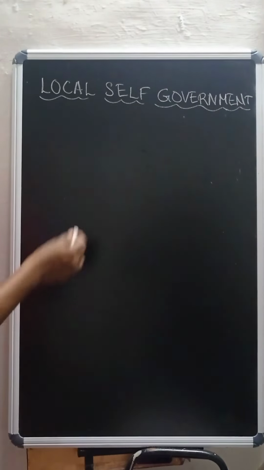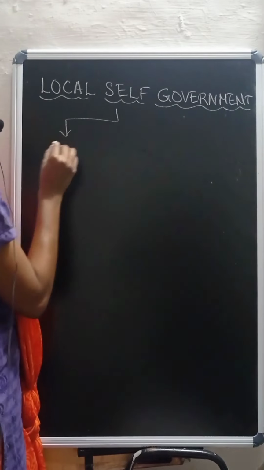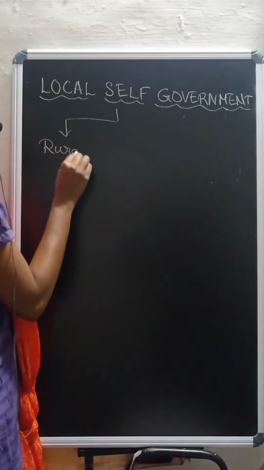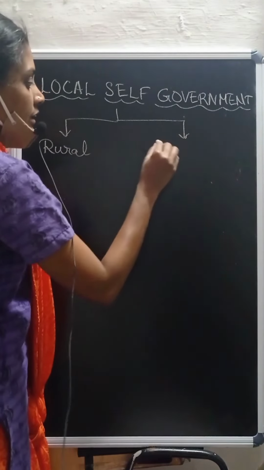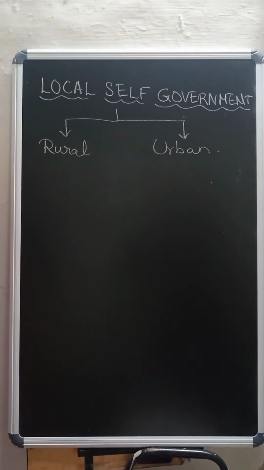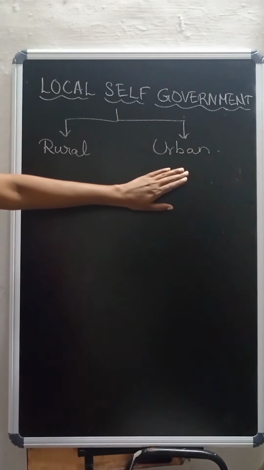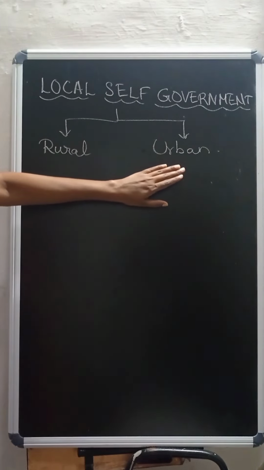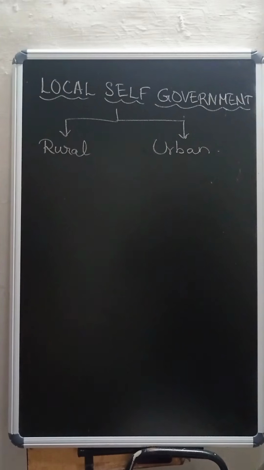There are two types of local self-government. One is rural local self-government and the other one is urban local self-government. What does rural mean? Rural means villages, the gramams, all come under rural areas. What are urban areas? The cities, towns and well developed areas come under the urban areas.